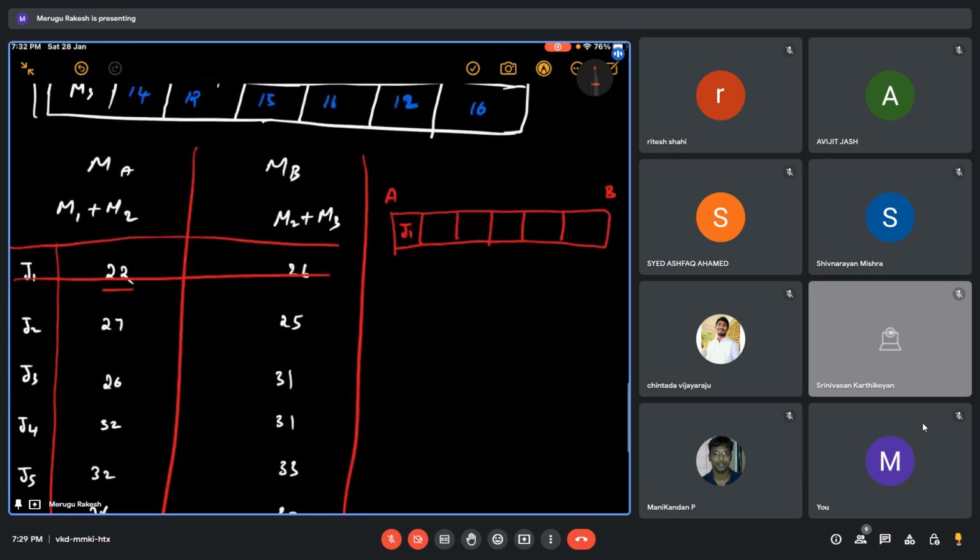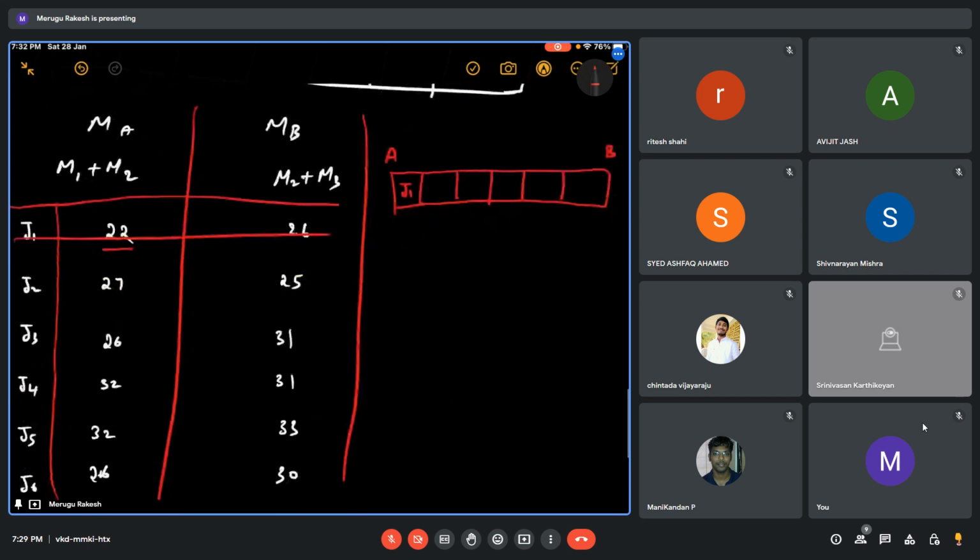So J1 is done. The next minimum value is 25, if you see, which is on the B side. So that is J2. The next minimum value is 26.